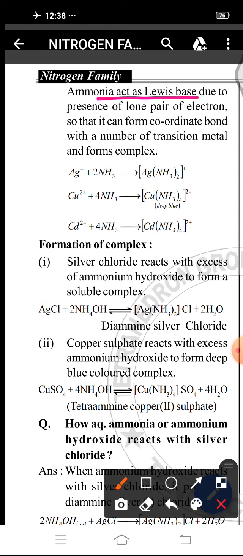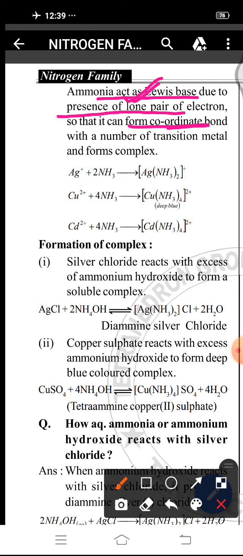Due to presence of lone pair of electron, it can form coordinate bond. What do you mean by coordinate bond? Coordinate bond means one donates 2 electrons and the other does not donate any electron. So ammonia acts as a ligand and forms coordinate bond with the metal atom and forms complex.